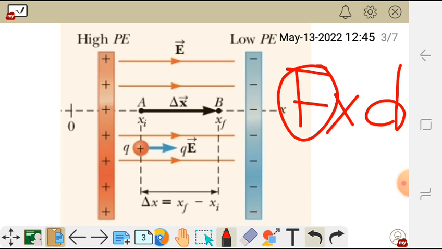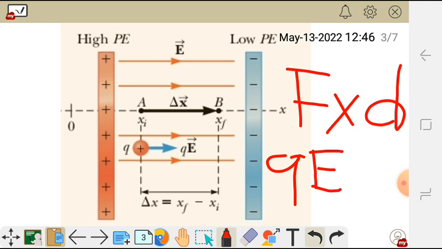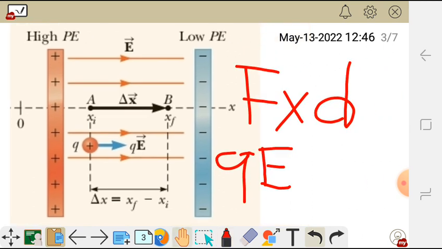Electric force is calculated by multiplying the charge Q by the electric field. So the work done will be QE, which is the force, multiplied by the change in distance, which is the change in x. So this is the formula for work.